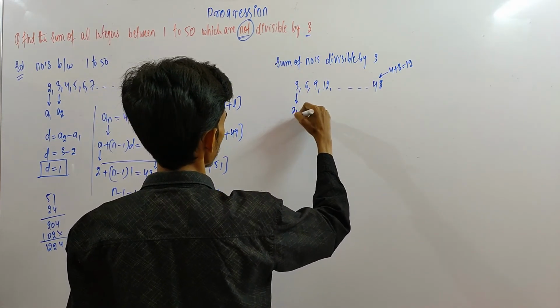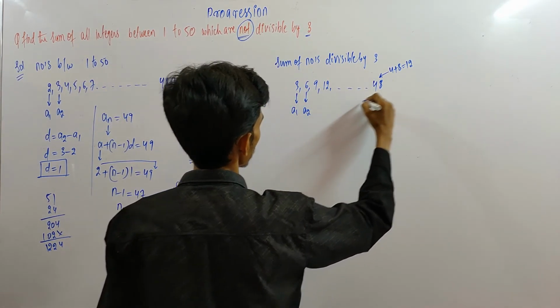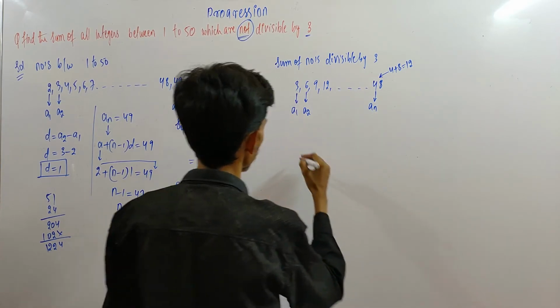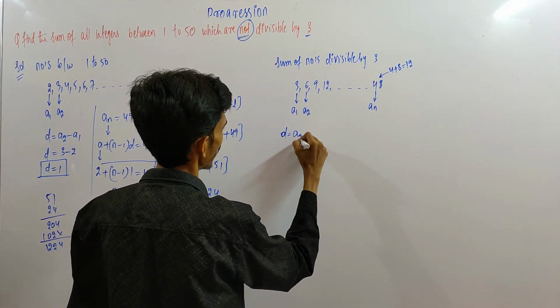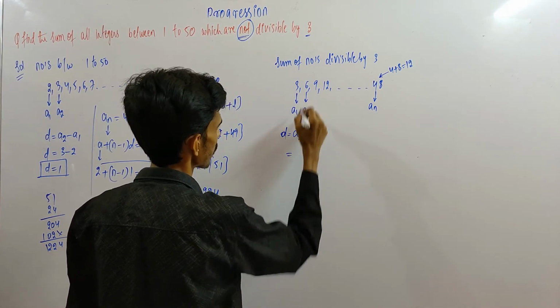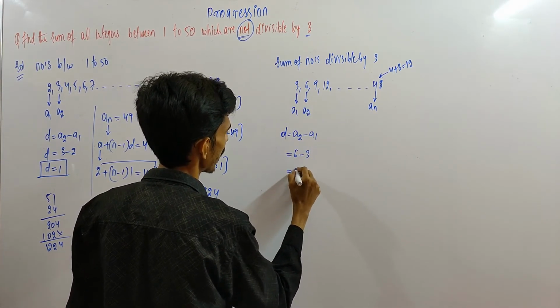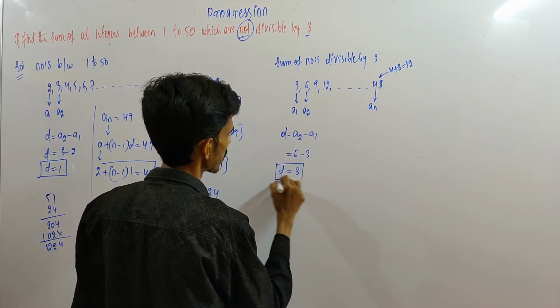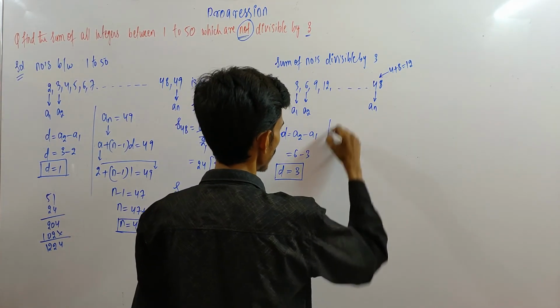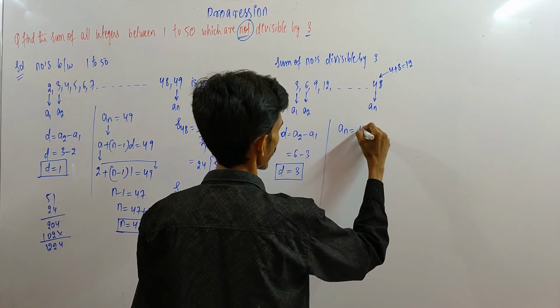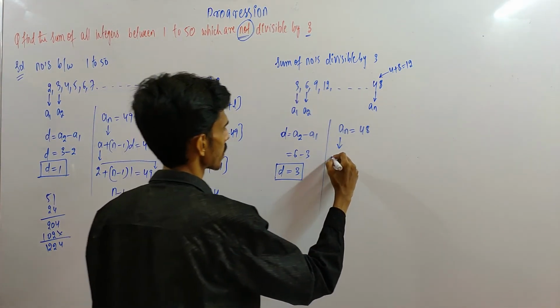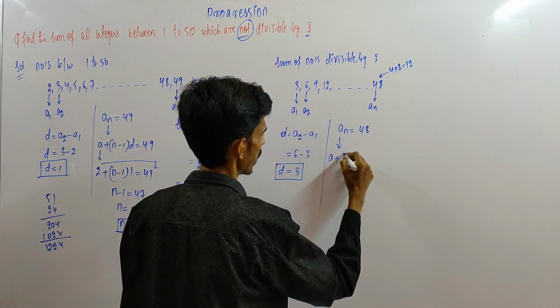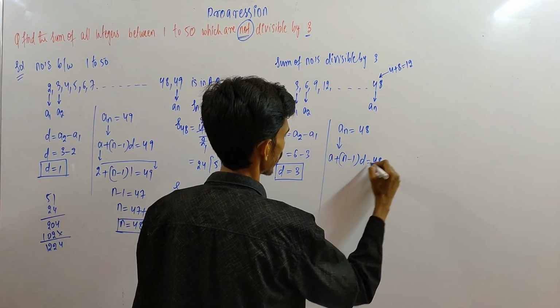Now this is A1, A2. Take this as AN. Now common difference D is equal to A2 minus A1. We have 6 minus 3, that is 3. Common difference is 3. Now AN value is 48. AN value is a plus (n minus 1) into d is equal to 48.